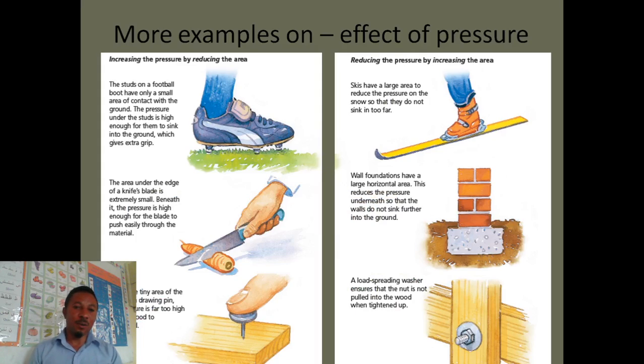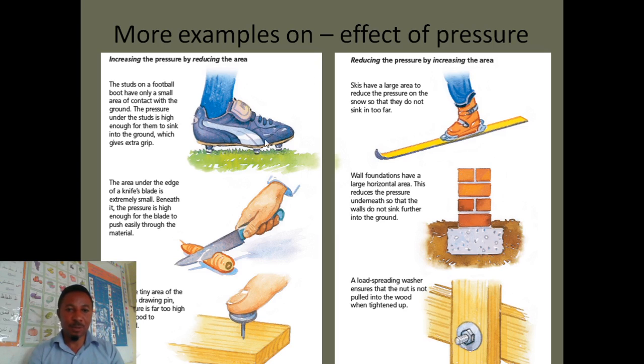Now we have other examples of the effects of pressure. Here on the left-hand side we have cases where we have a bigger pressure by reducing the area. Here we have cases where we have a smaller pressure by increasing the area.